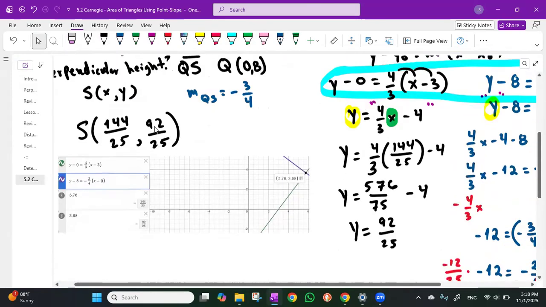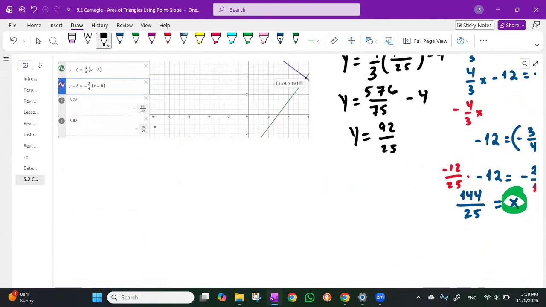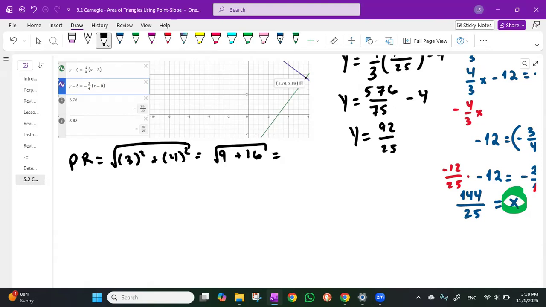We can get the measurement for PR by doing 3 squared plus 4 squared. If you just type it in decimals, it'll give it to you, but I'm just going to do the math for this one. So 9 plus 16, and we know that's 25, and we know for sure that the radical of 25 is 5 units.